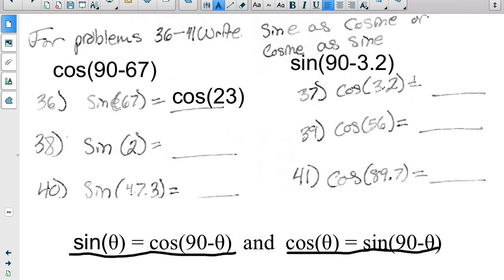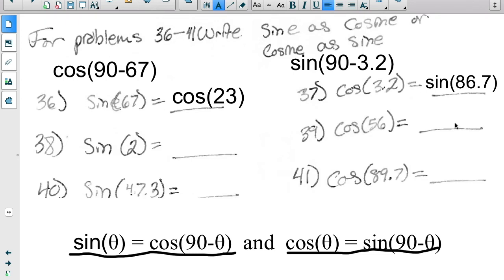And if we type this in, and I wouldn't type in sine, we can just type in 90 minus 3.2, and if you do that, you'll get 86.7. So cosine of 3.2 is equal to sine of 86.7. Those will give us the exact same value. And that's all we're doing on these here.